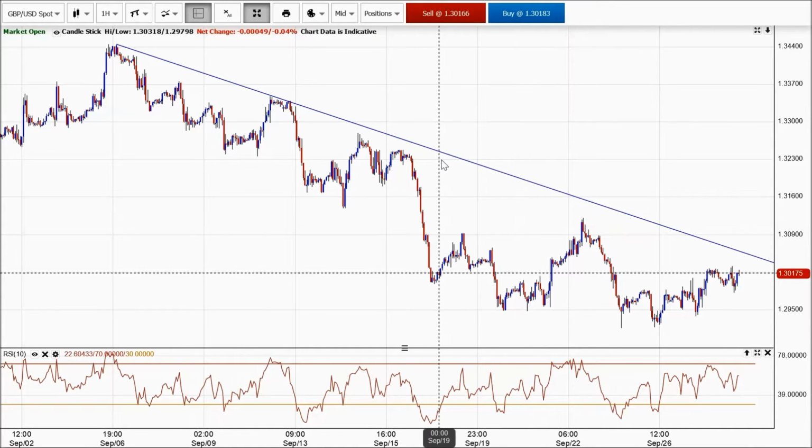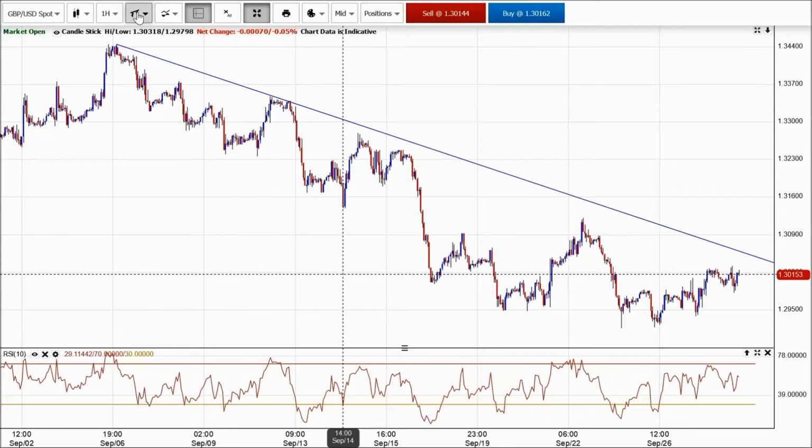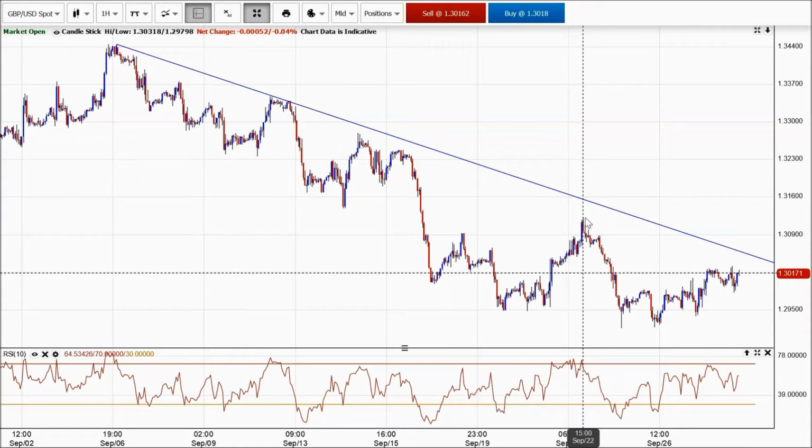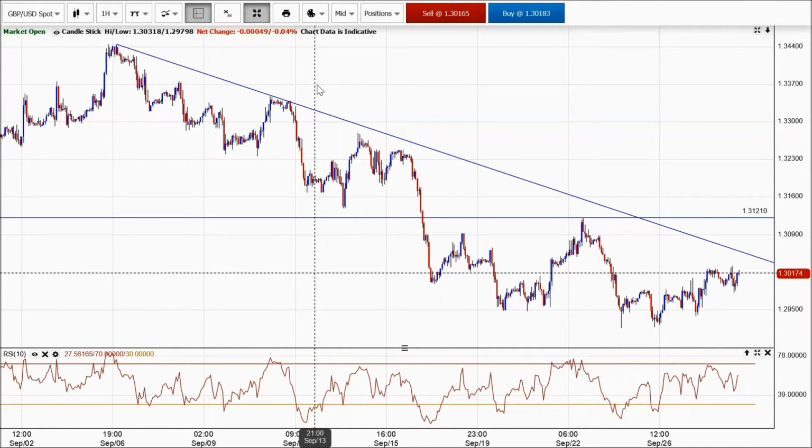So even though we've seen, this is pound against the dollar, a bounce that's scraped its way above 130, the more patient, which I do try to be, but often fail, would maybe be minded to wait for a break of that significant high, 131.20, before talking about a major rally back up to 134.40.